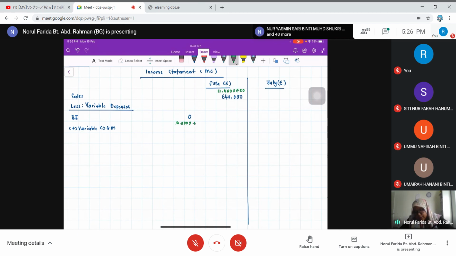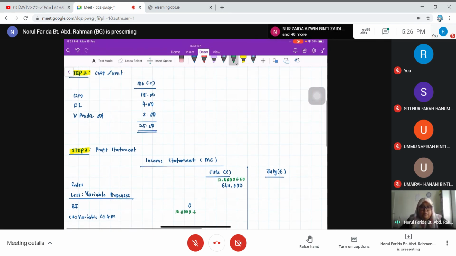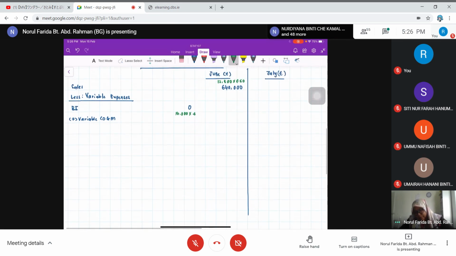Cost per unit tadi 25. So 14,000 times 25, you get 350,000. So 0 plus 350, you get 350. This is called as goods available for sale.